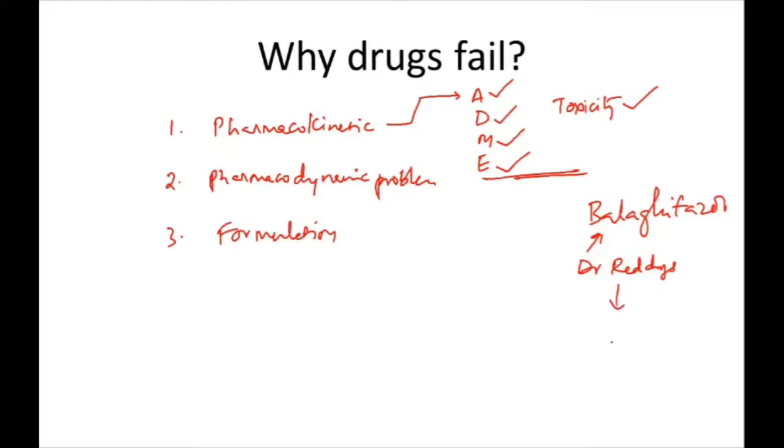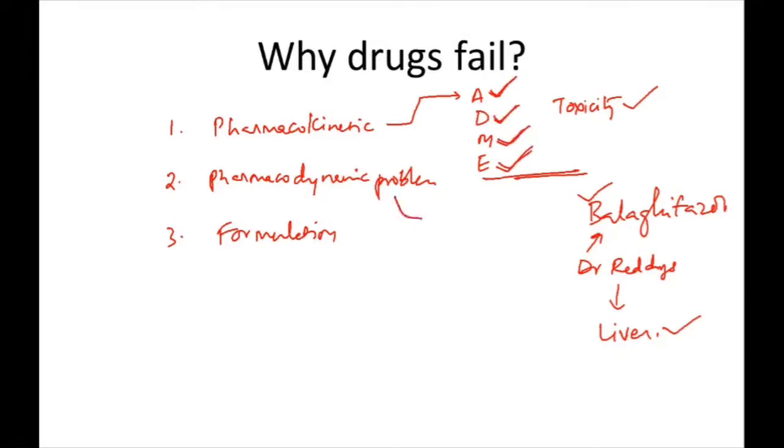This was found to be toxic to the liver, or hepatotoxic. So balaglitazar failed in advanced phases of clinical trials because it was found to be hepatotoxic, or it was initiating liver cancer. So a drug may also fail in absorption, distribution, metabolism, or elimination.